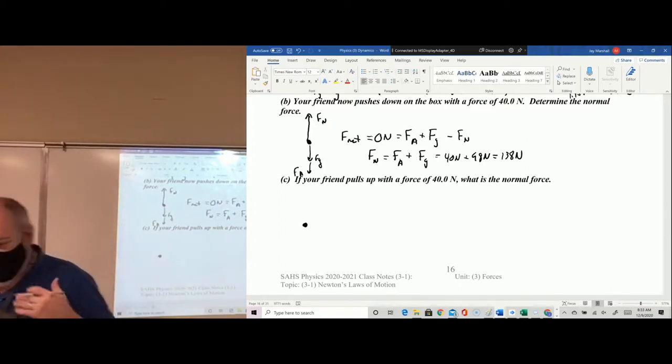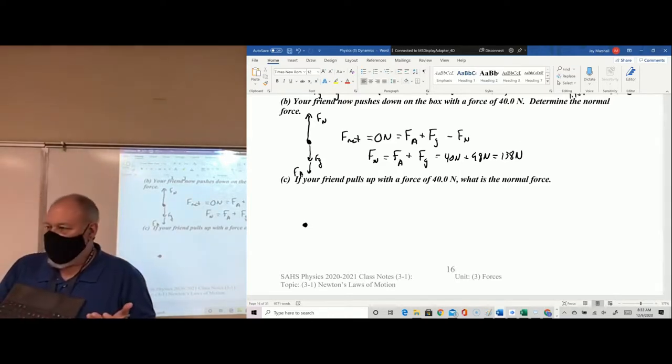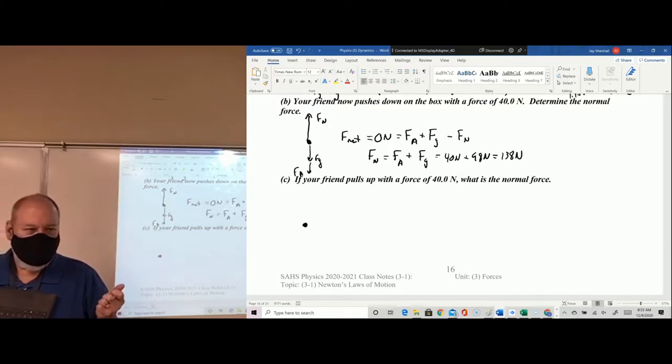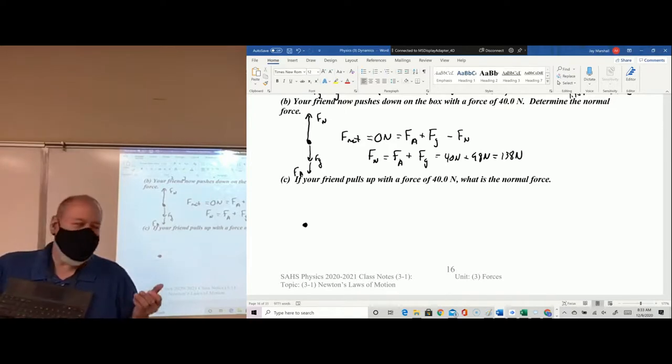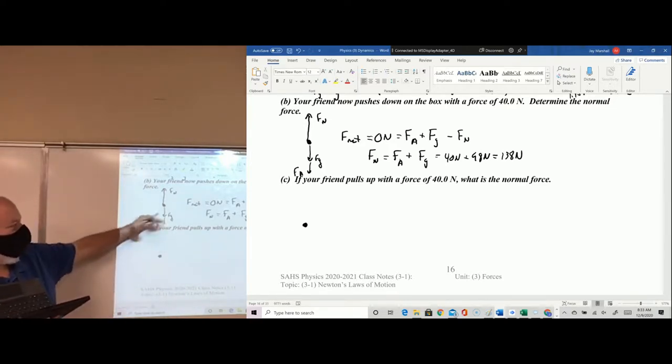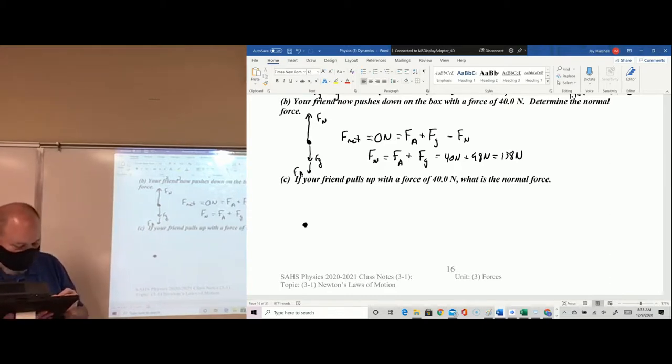Okay, so the uncertainty was that maybe the force that you're pulling upward on the box would cause the box to start moving. And that's not going to happen until that upward force is greater than the force due to gravity, right? So that's not going to happen until the force that I apply is greater than the force due to gravity.